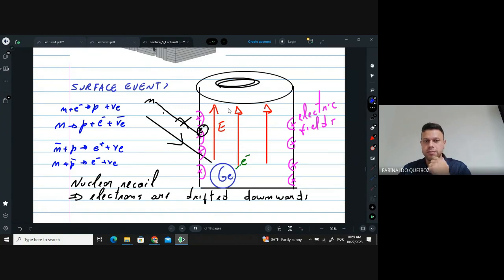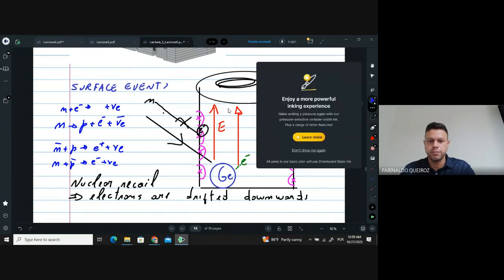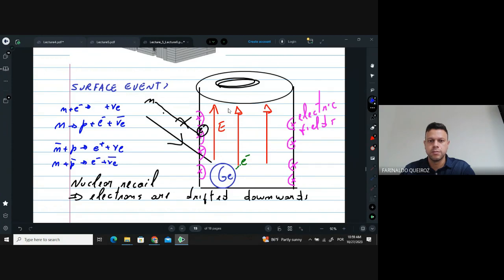But I mean the last process. The last one. Yes, it should be anti-neutrino. Well done. And this one, I should have a baryon number, right? If I have an electron here, I should have a positron here. And a neutrino.